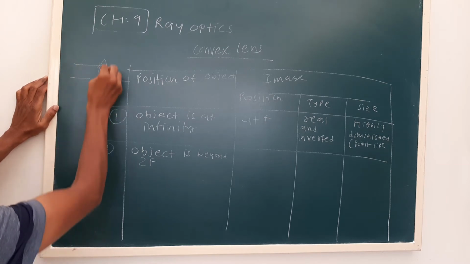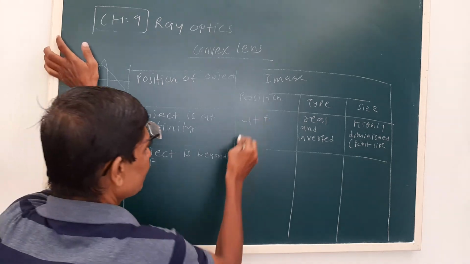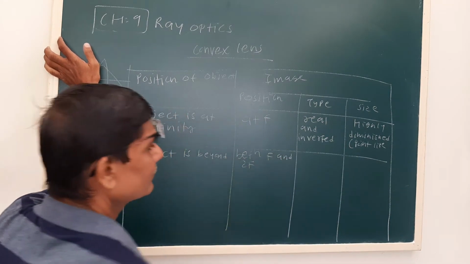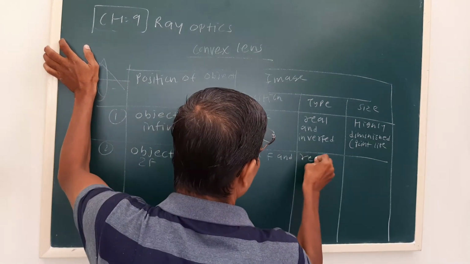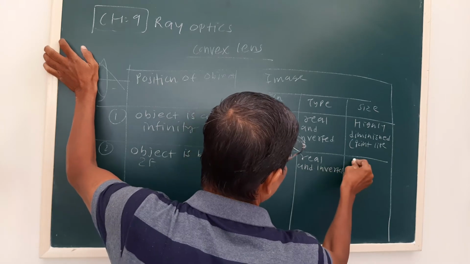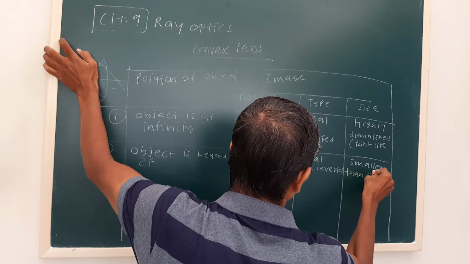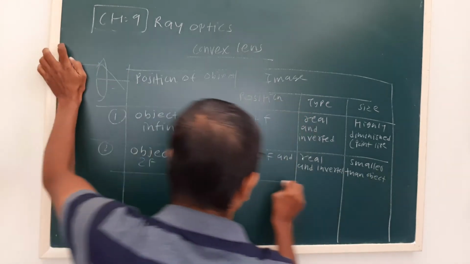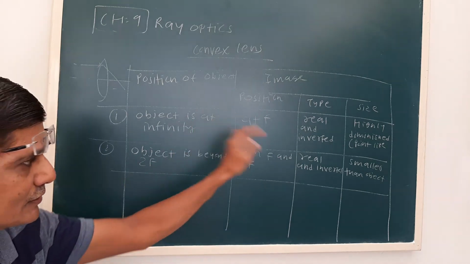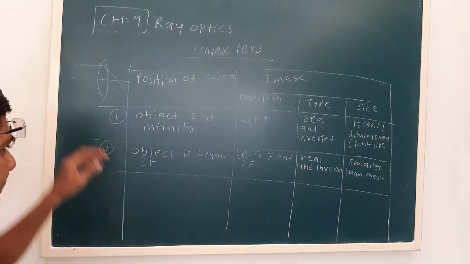Now when the object is beyond 2F, the image is between F and 2F. It will be real and inverted, smaller than the object. So when the object is beyond 2F, the image is formed on the other side between F and 2F, real and inverted, smaller than the object.